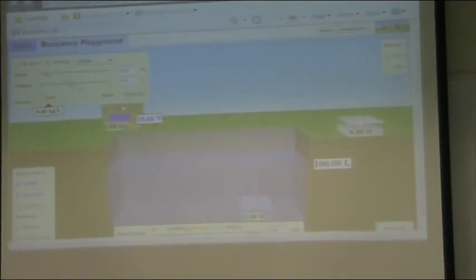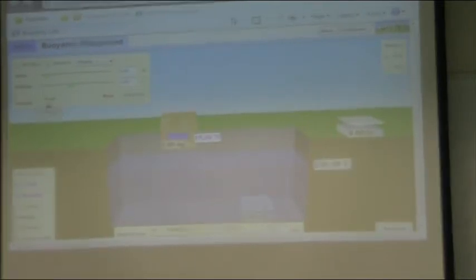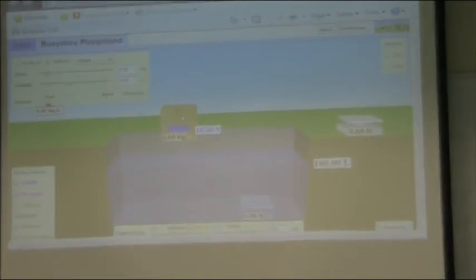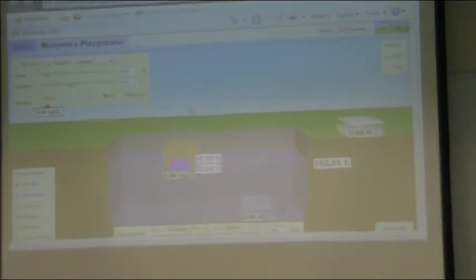So 2 times 9.8 is 19.6 Newton. Based on Newton's third law, there will be an equal action and reaction force. So when you drop the object into the water, because of its weight, it pushes the water downwards, and the water will exert another equal force upwards. We call this the buoyant force, which is why the object can float in the water.